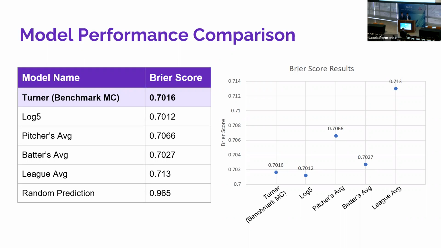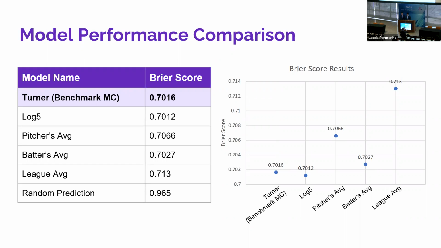As you can see, the Turner's benchmark model is pretty much on par with the log5 model, and perhaps slightly worse. We also did a pitcher average model, which uses the pitcher's average transition matrix, or his plate appearance outcome probability distribution from his historical data against the entire league. We also did the same with the batter's average and the league average, and a random prediction test at the end.